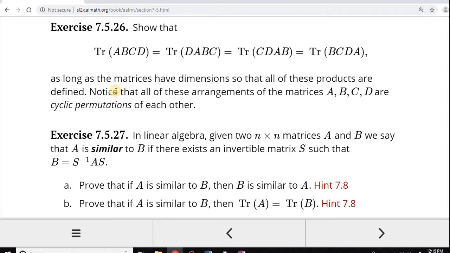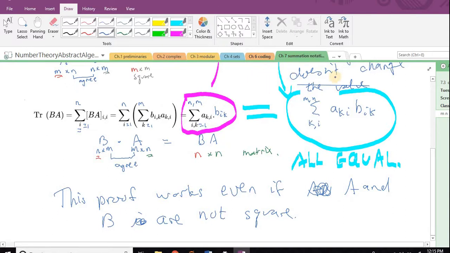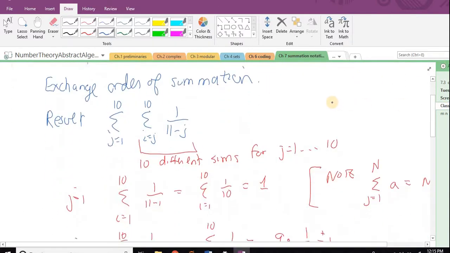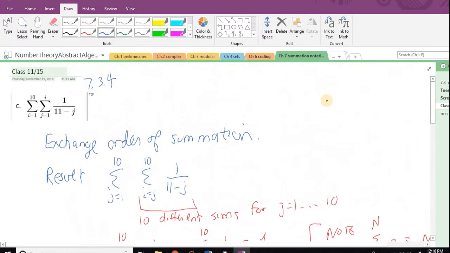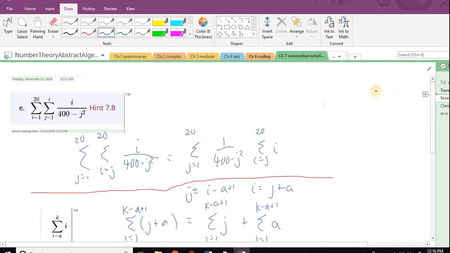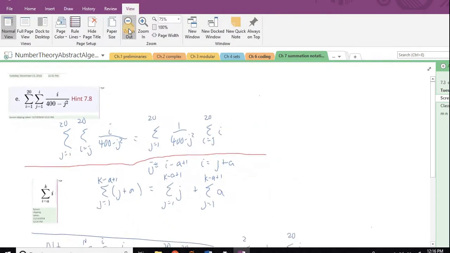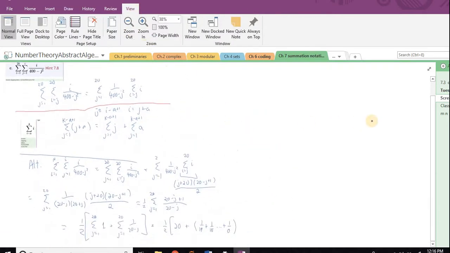Well, I should go back. I had told you in class, I think it was this class. Was it this class? No, maybe the previous class. Let's see. I think I'm going to have to zoom out. No, not there.